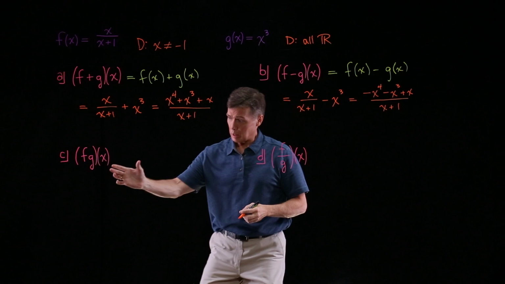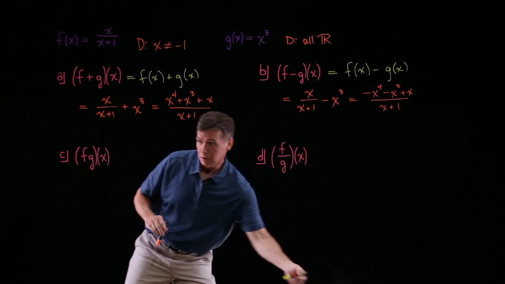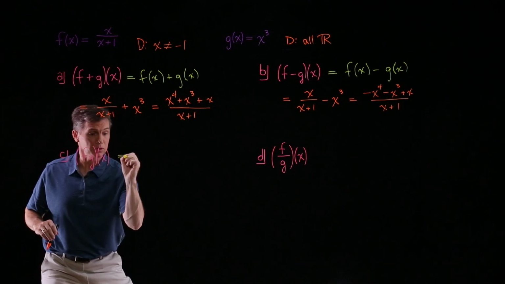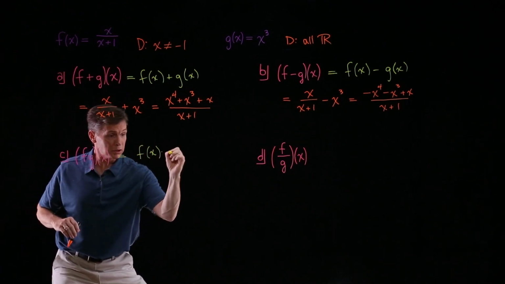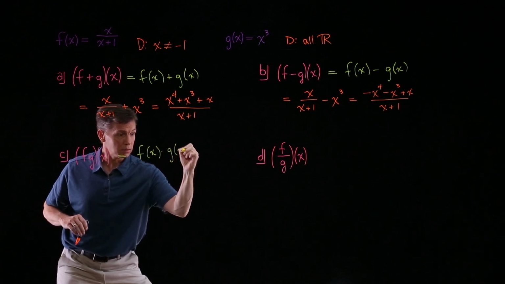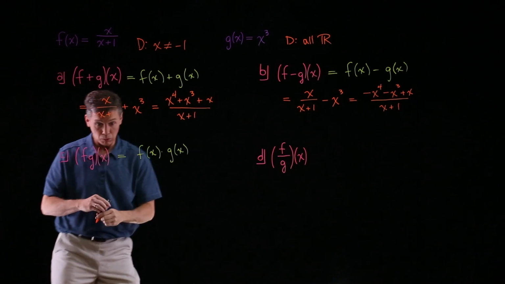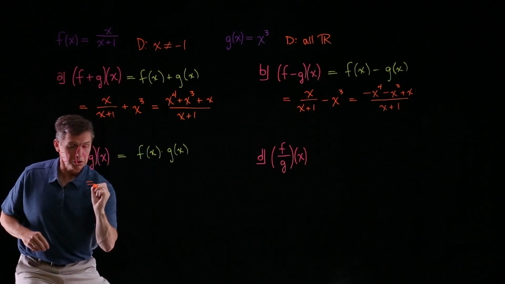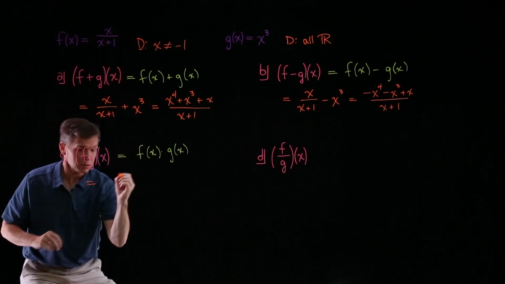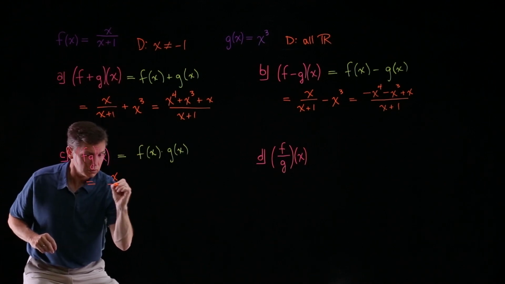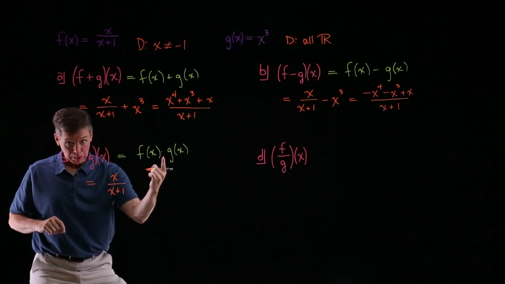Part C. Now we're looking at fg of x, so f times g. And if it helps, again, to start, you can write down what this actually means, which is f of x times g of x. So my work, very much like before, is going to be to grab the entire f of x function, x over x plus 1, and I'm going to multiply this time.